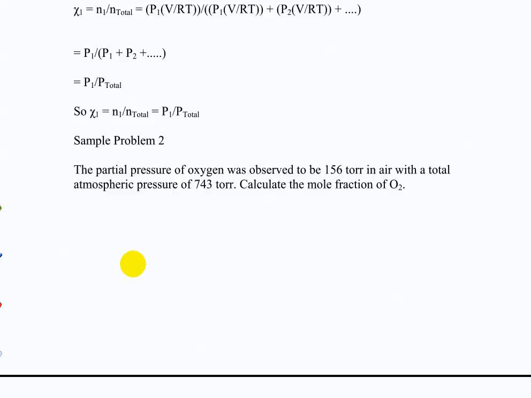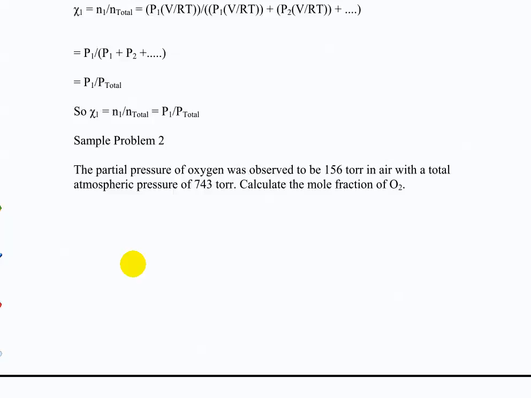So think about what this problem is really asking. It's giving you measured pressures in air, and it's asking you to calculate the mole fraction. The long way to do that would be to calculate... well, you can't even really do that because you don't know the number of moles of everything else in air, right?